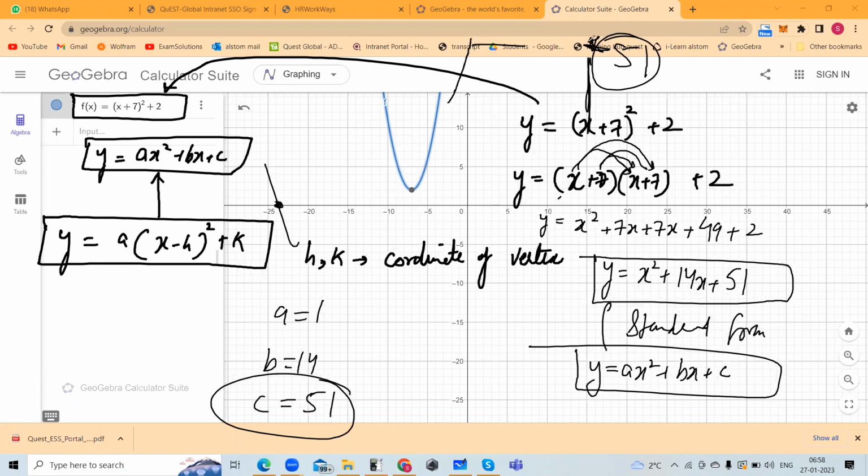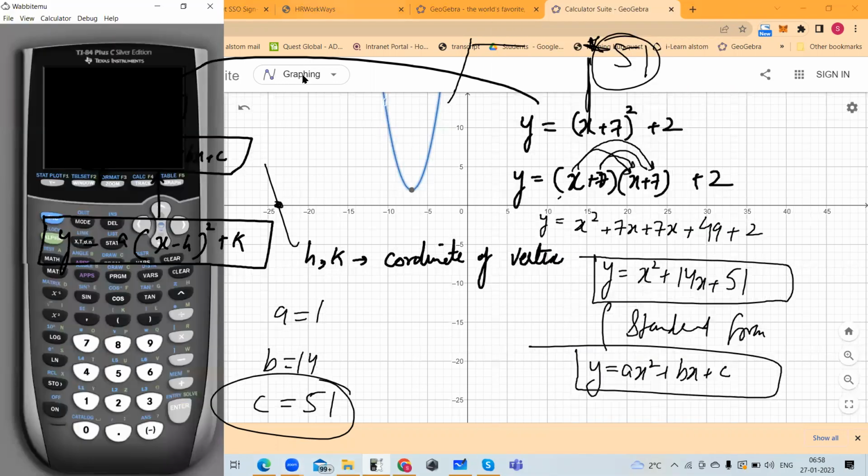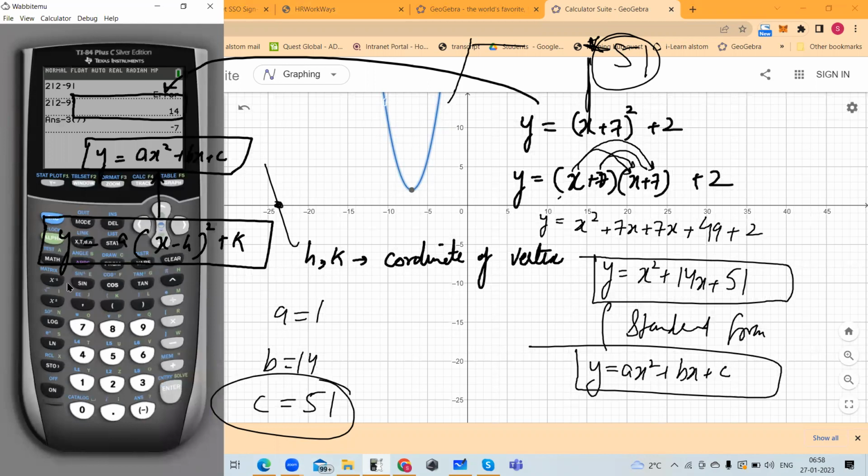We can confirm it by using a calculator. We can solve it by using the apps button.